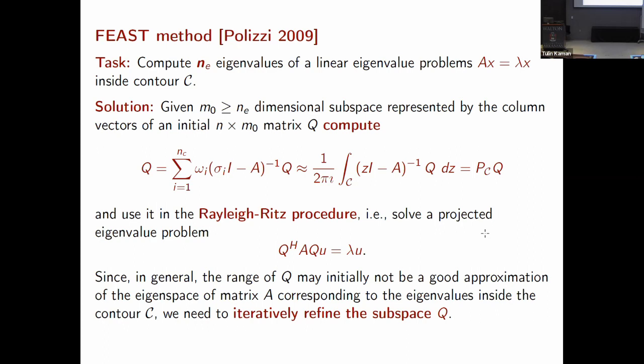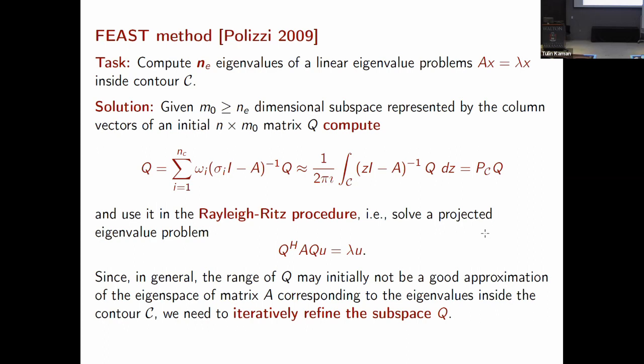Okay, so let's say we have a pretty good approximation of the invariant subspace. If we have that, we can use the classical Rayleigh-Ritz procedure. So we project our original eigenvalue problem to a smaller-dimensional subspace. And in general, if the range of Q is a good approximation, we can refine the subspace until we get convergence.